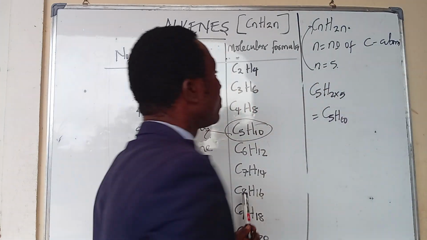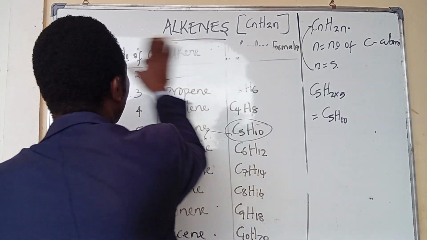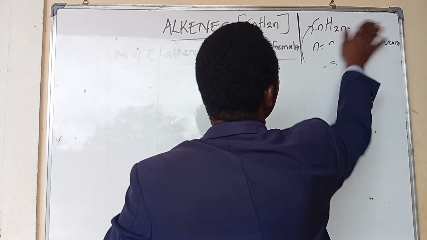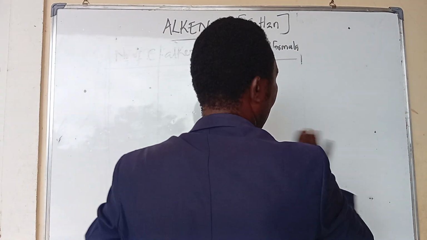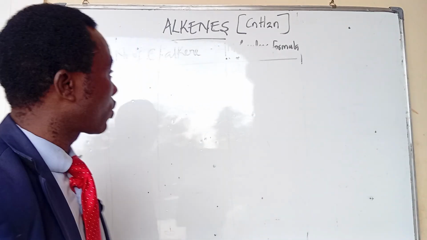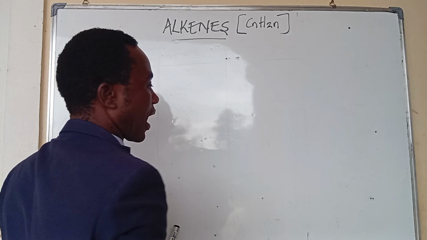Now, having known what alkenes are, let us go to the nomenclature of alkenes. How do we name alkenes? Nomenclature of alkenes is very simple, but it has rules. What are the rules for the nomenclature of alkenes?